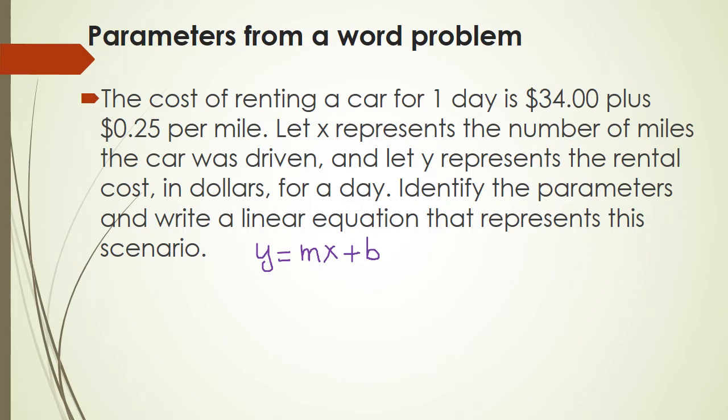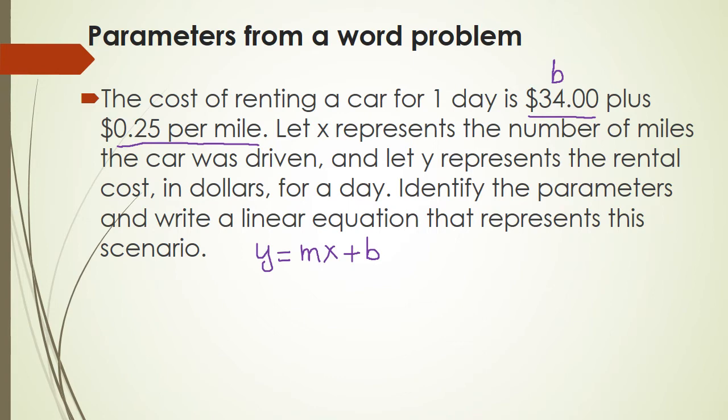So m in this case is going to be the rate of change, and b is going to be the initial value. In this problem, for renting a car for 1 day, we have to pay $34 as initial fees. So $34 is going to be the initial value for this linear equation. And then after that, we have to pay $0.25, or 25 cents, per mile. So in this case, we have an average rate of change.